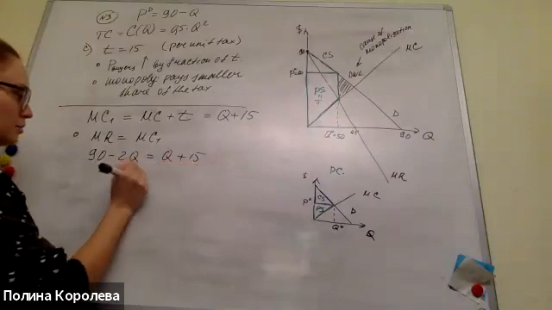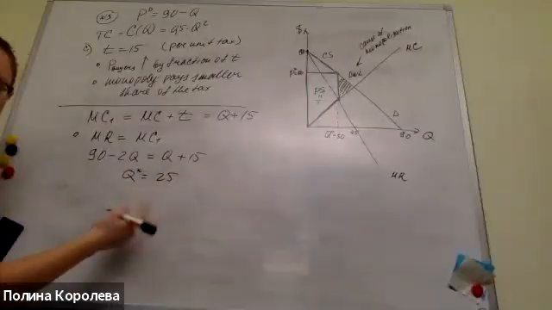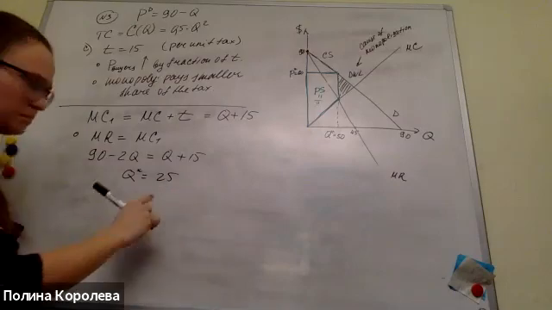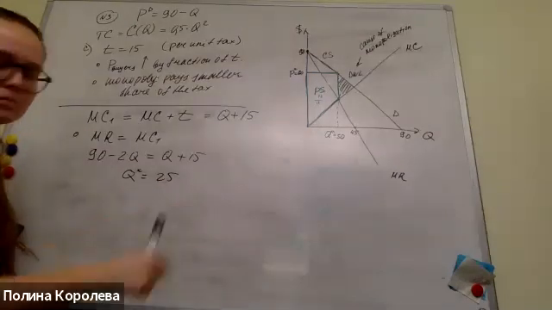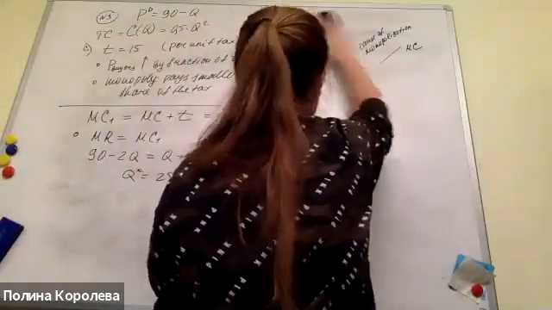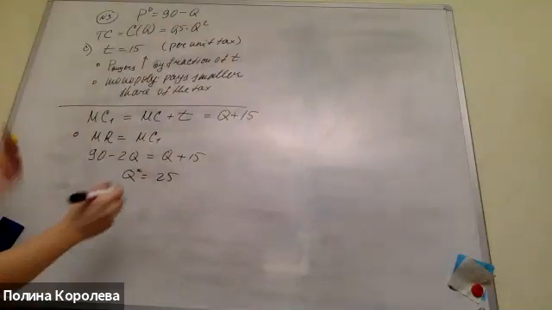This will be how much? New quantity. Please calculate. 25. 25, yes. And it is less than before. Yes, the monopolist sells less, before it was 30, because it's more expensive for him to sell this product.